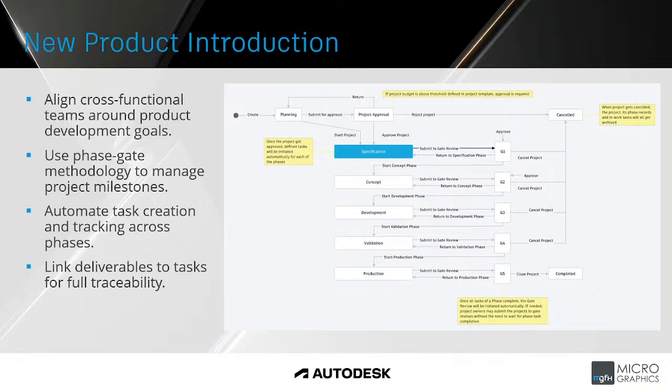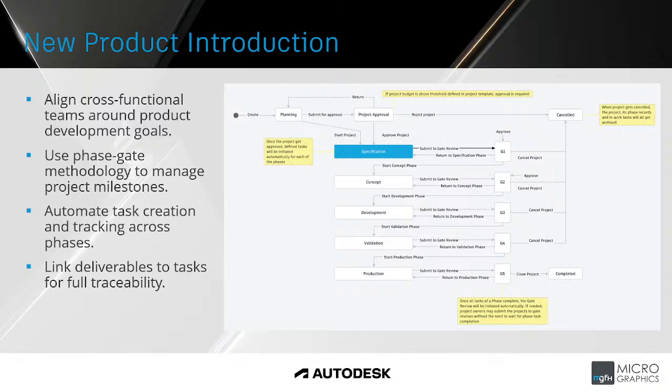As a project progresses, Fusion Manage automatically generates tasks for each stakeholder, ensuring that deliverables are completed on time and reviewed before moving forward. So this goes back to those dynamic tasks lists that I spoke about previously.